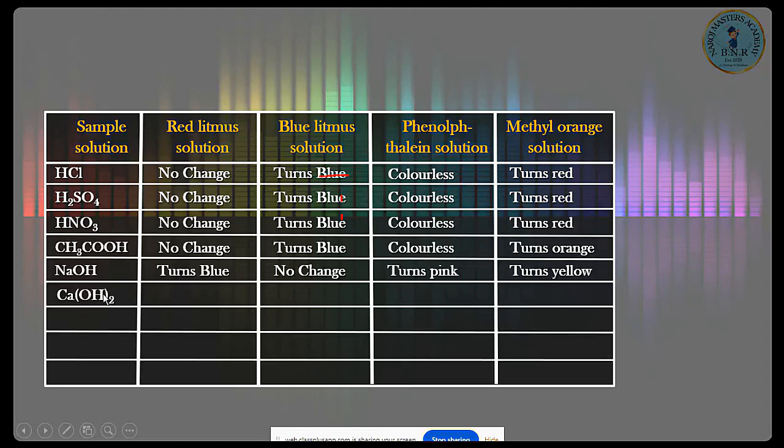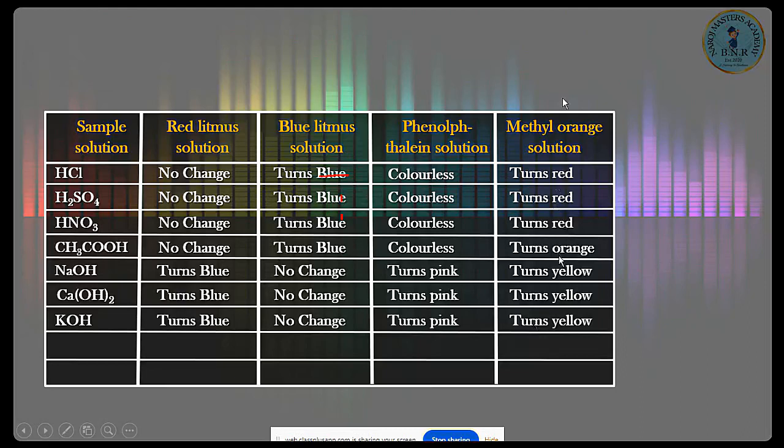NaOH, after that Ca(OH)2: turns blue, no change, turns pink, and turns yellow. KOH, potassium hydroxide: turns blue, no change, turns pink, and turns yellow. So always remember, methyl orange has three colors: red in acid, orange in weak acid, yellow in base. And phenolphthalein has only two, colorless and pink.